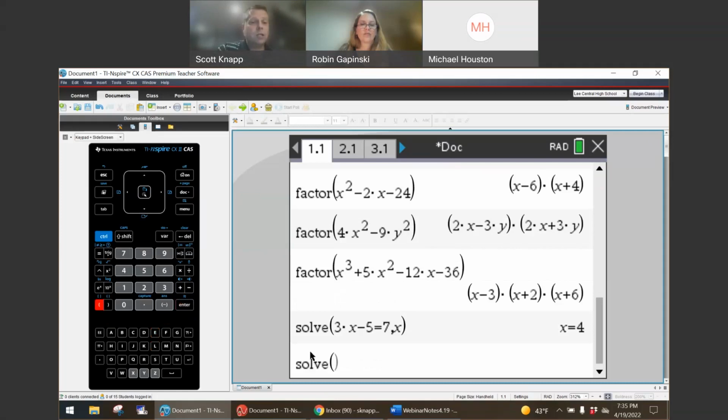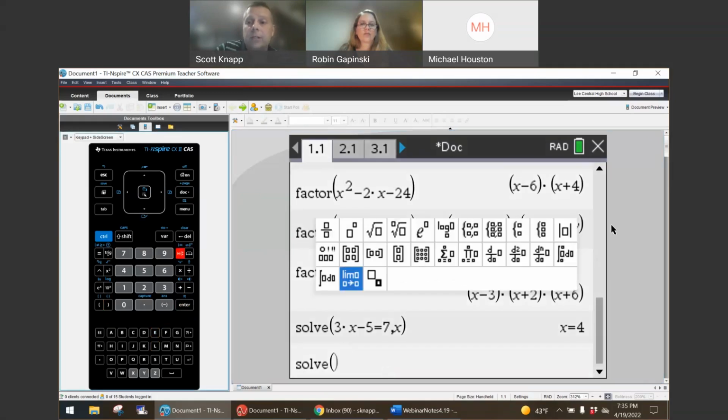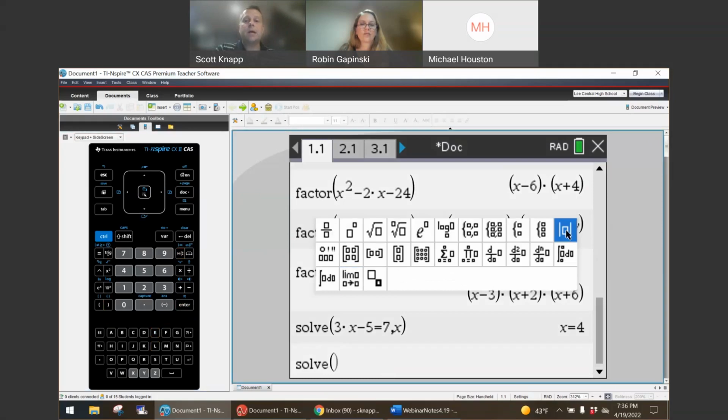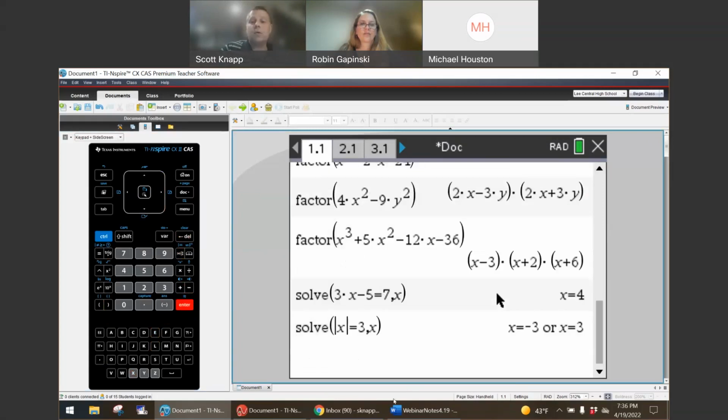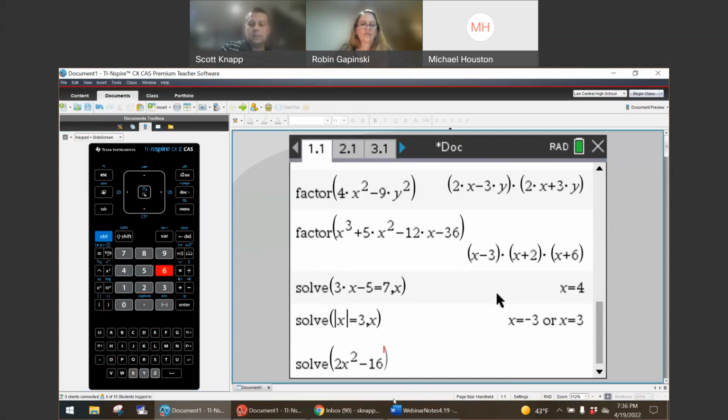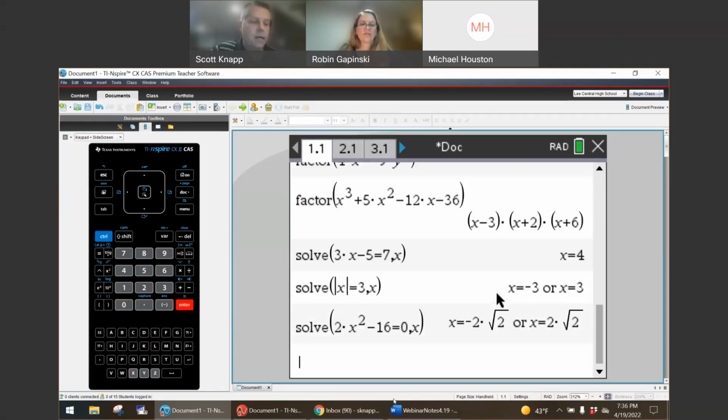I've used this to actually solve some nonlinear equations. We did some work with absolute value equations. So if I type in something like the absolute value of x is 3, comma x, it will give me the solutions to that equation. It can solve quadratic equations like this.